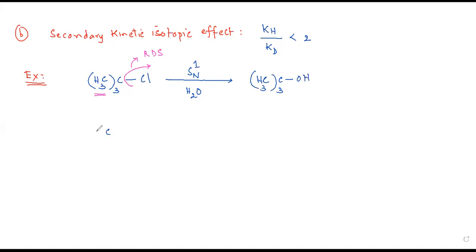Now suppose this is taken, it is again the same thing that happens. This is the rate determining step, but our carbon-deuterium bond is not in the rate determining step.